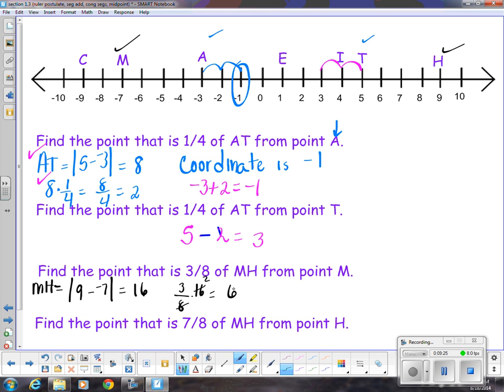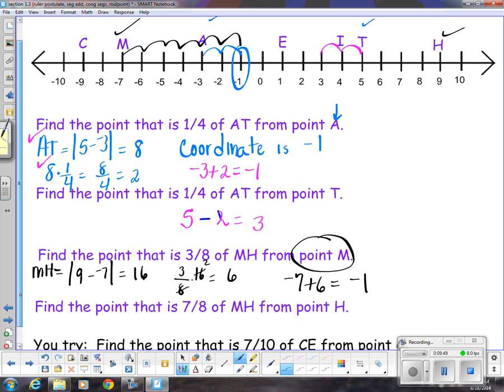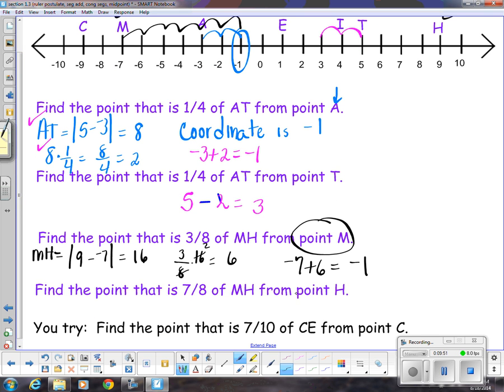Do I start at M and move 6, or start at H and move 6? What does it say? From point M. So I'm moving 6: 1, 2, 3, 4, 5, 6. So I would say -7 plus 6. The coordinate is -1.